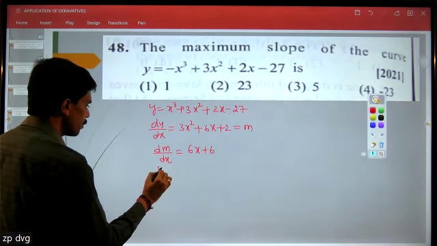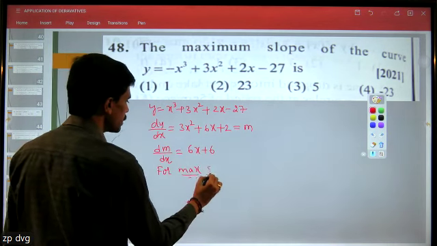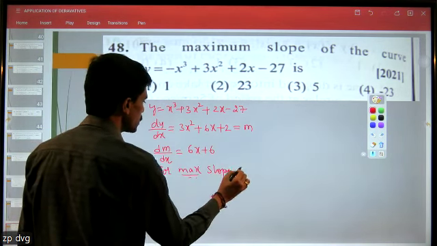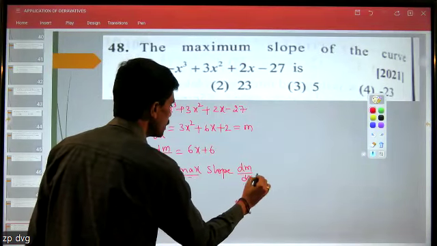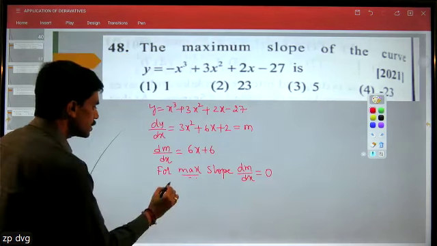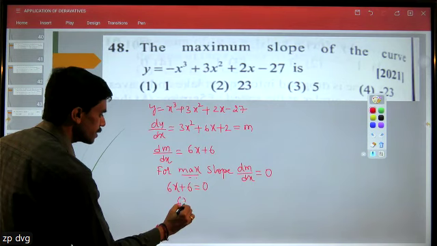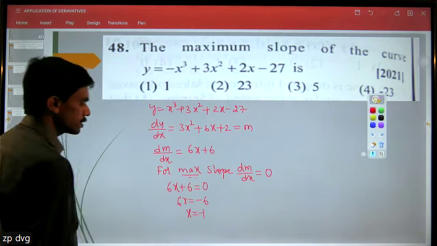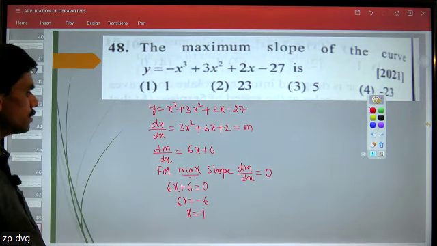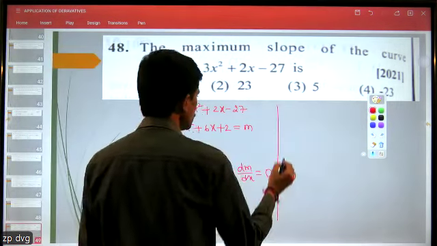For maximum slope, we have to equate dm by dx to 0. That is 6x plus 6 equal to 0, 6x equal to minus 6. Here we get x equal to minus 1. For maximum slope, we have to substitute the value of x in dy by dx, that is in m.